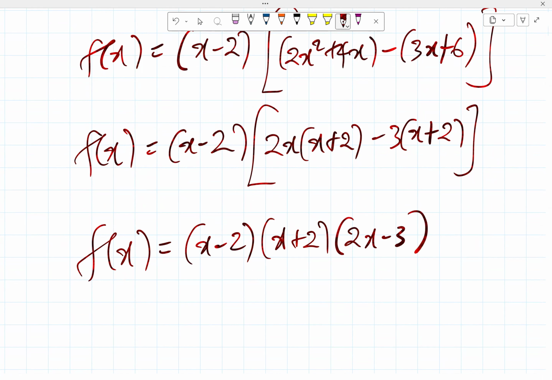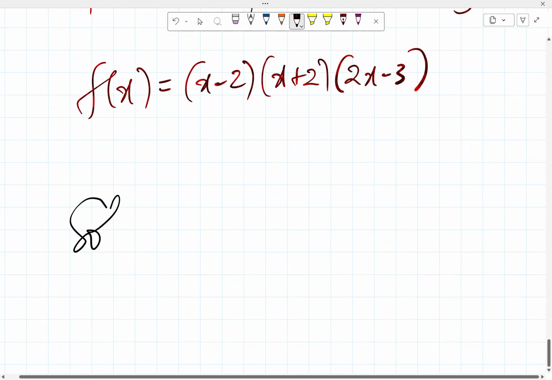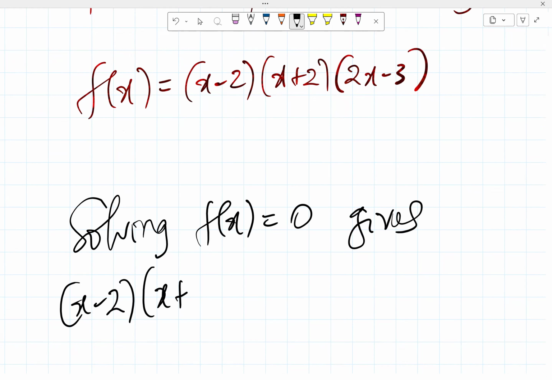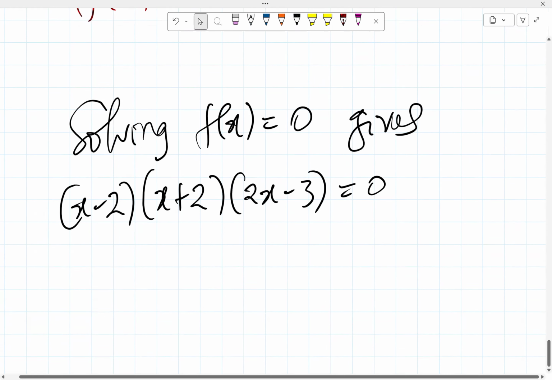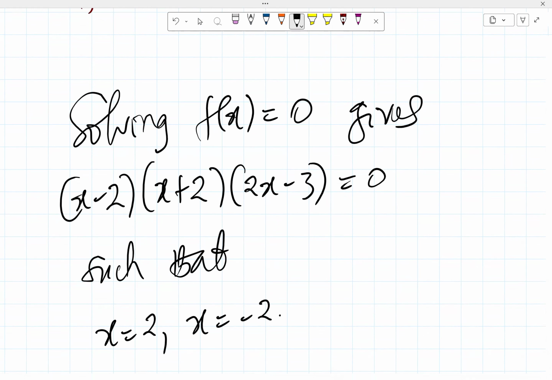So we have factorized completely now. And then solving f of x equals 0 gives x minus 2 into x plus 2 into 2x minus 3 equals 0, such that if you equate each one to 0, x is equal to 2, x is equal to minus 2, x is equal to 3 over 2.